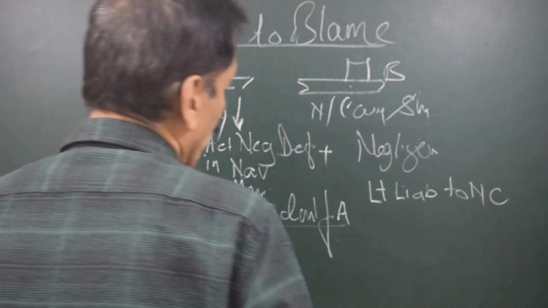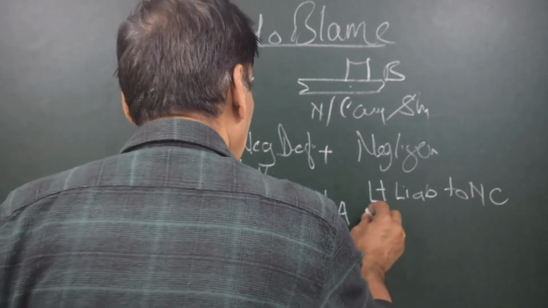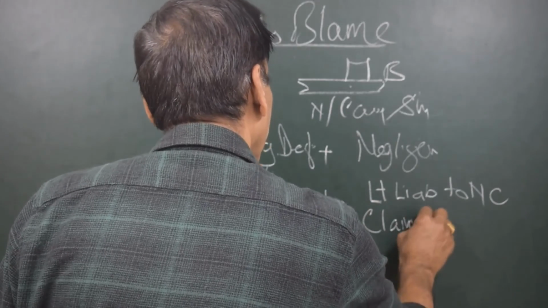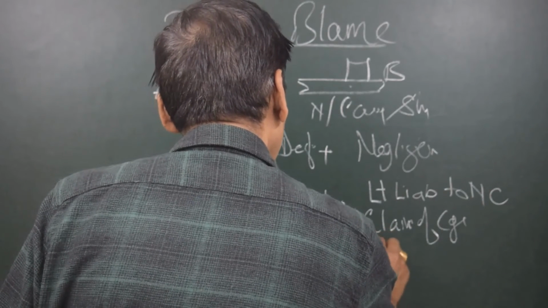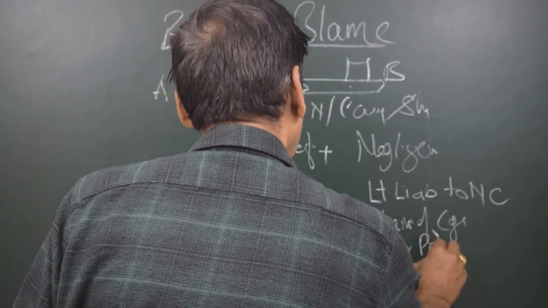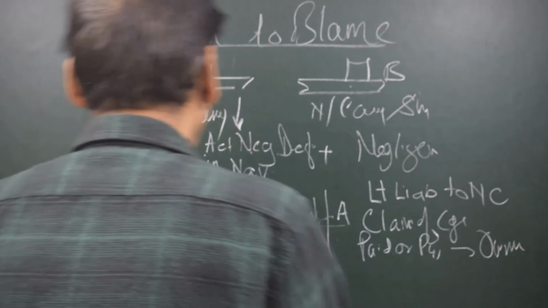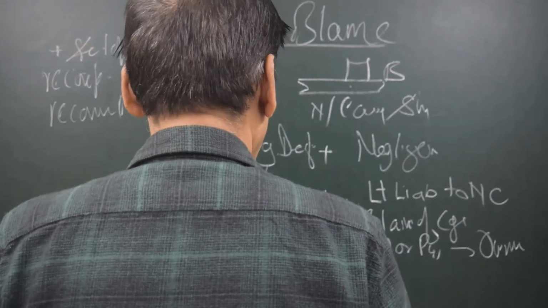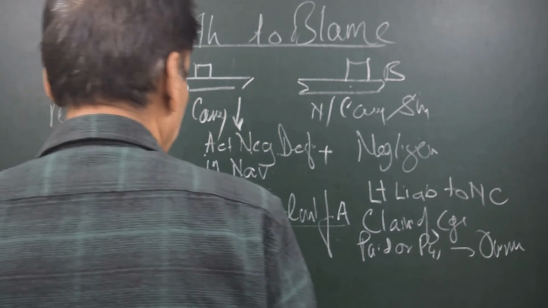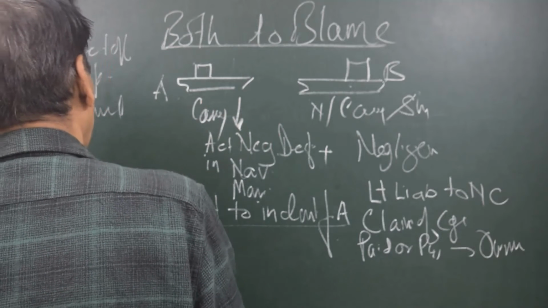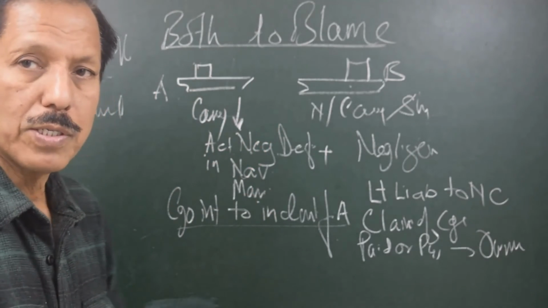Loss or liability to non-carrying vessel, insofar as such loss and liability represents the claim of cargo owner, paid or payable by the non-carrying vessel to the owners of cargo. Now plus set off, recouped or recovered by the other or non-carrying ship from the carrying vessel as part of their claim against the carrying vessel. So this is what is both to blame collision.